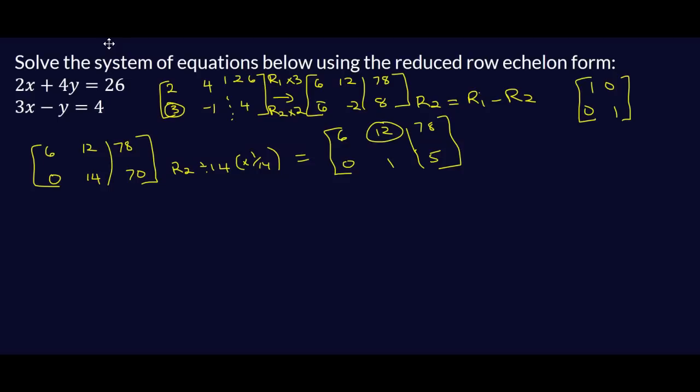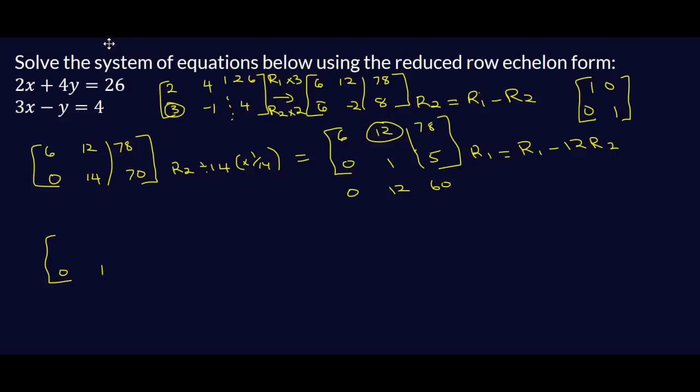So what we're going to simply do here is we're going to say row 1 is equal to row 1 minus 12 row 2. So let's go ahead and figure out what 12 row 2 is going to be. We have 0, 12, 60. So that is going to give us, we leave row 2 the way it is.